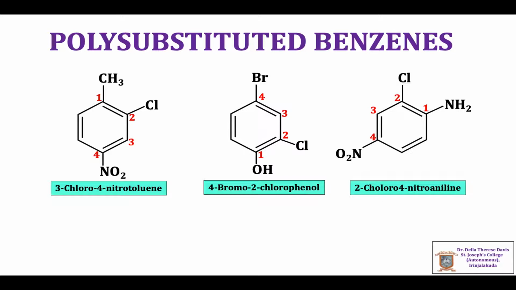Hence the CH3 group is incorporated in the name toluene and that carbon is assigned as carbon 1. And numbering is done so that Cl and NO2 get the lowest possible numbers. So moving in the clockwise direction, Cl gets number 3 and NO2 gets number 4. Hence the compound is 3-chloro-4-nitrotoluene.